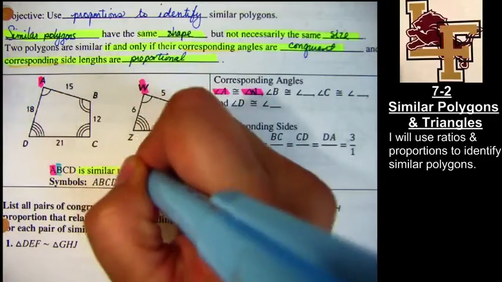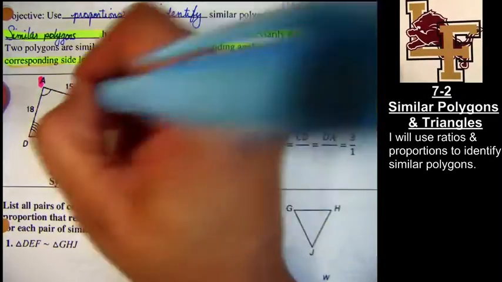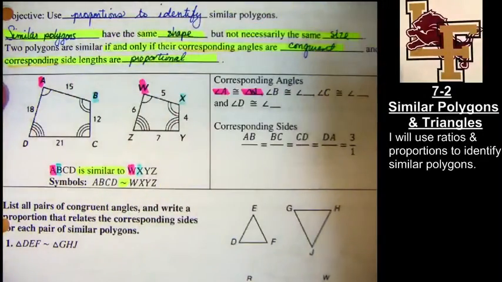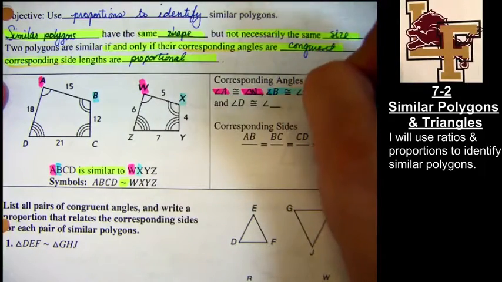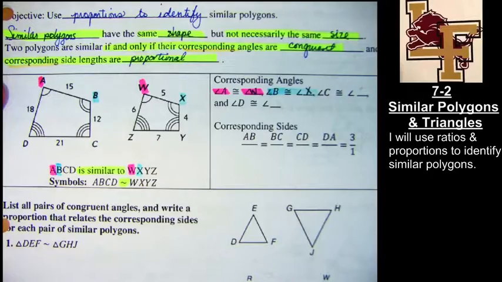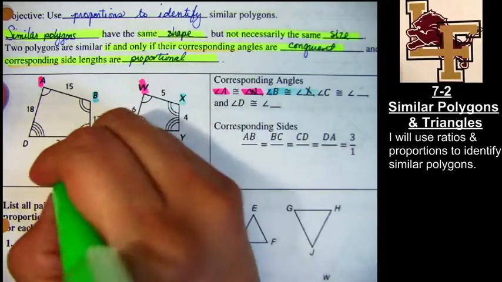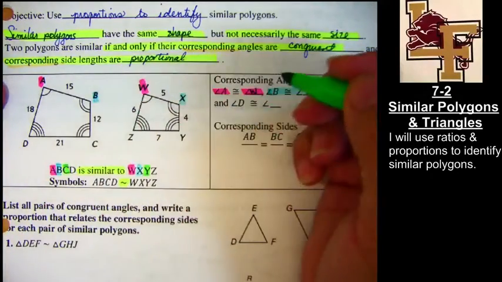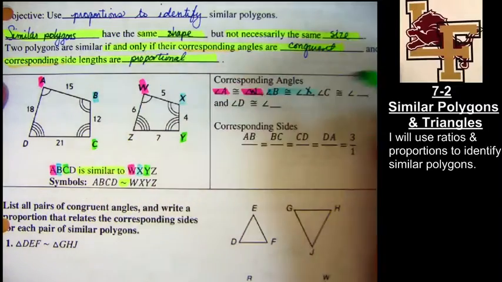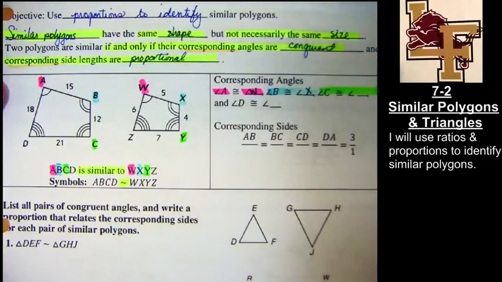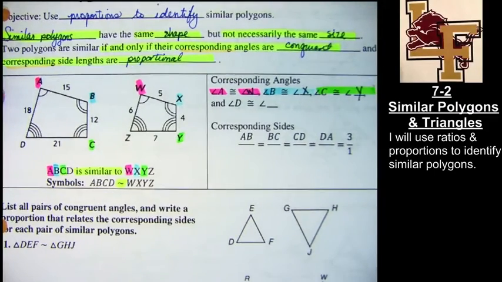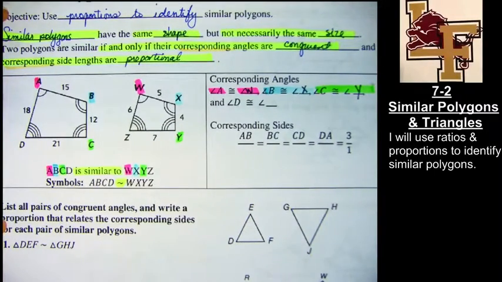B comes next, and so B corresponds to X. C is written third, which means C corresponds with Y, which is written third, and so angle C is congruent to angle Y. Can you see which corner is left for corresponding?